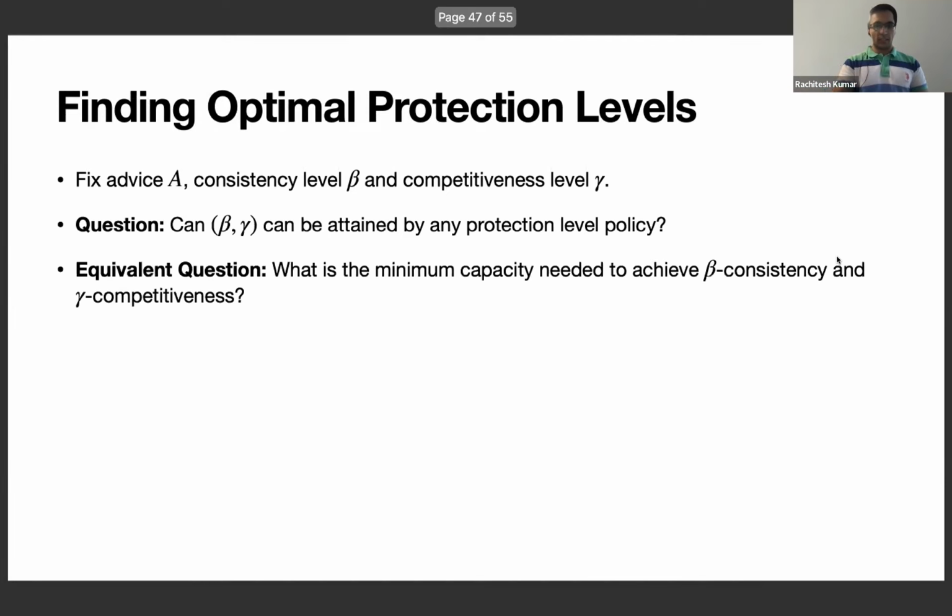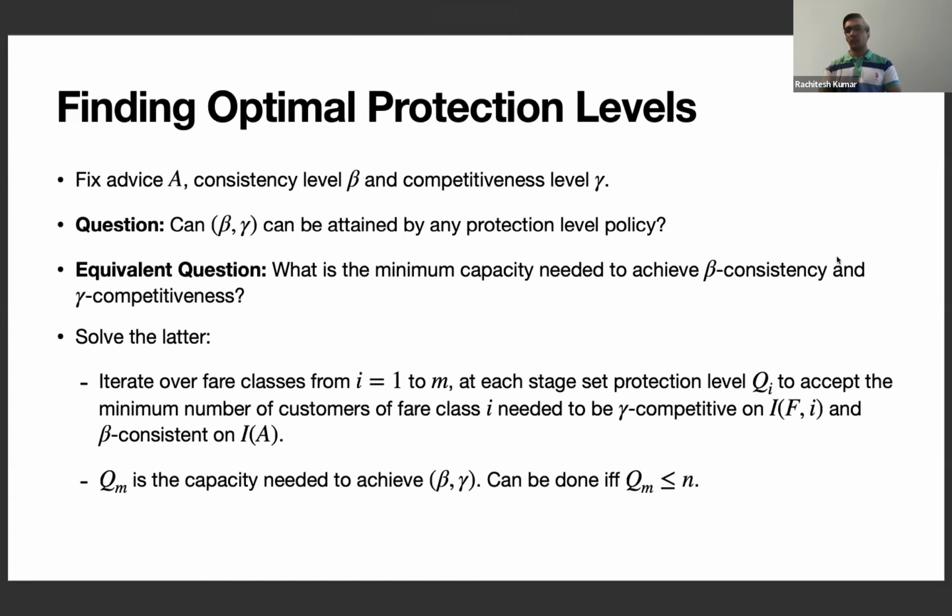Turns out answering this question directly is a bit tough. So what we do is we reframe the question as that of minimizing the capacity needed to achieve this level of consistency and competitiveness. And that question we answer through a greedy algorithm that iterates over fares. At each stage, it sets the protection level Q_i to be the minimum amount that you need to accept at that stage to remain gamma competitive and beta consistent.